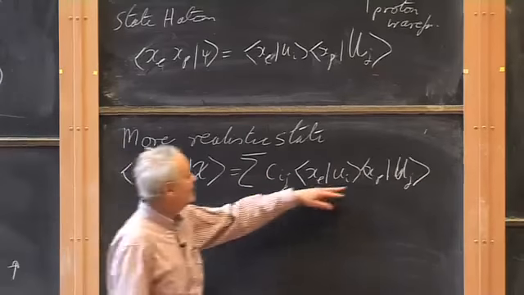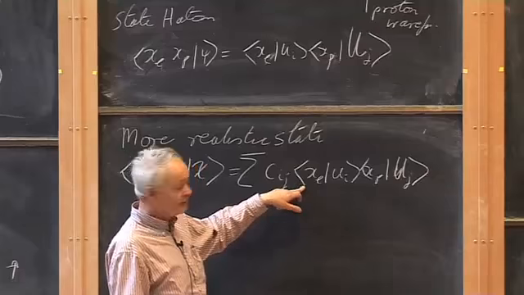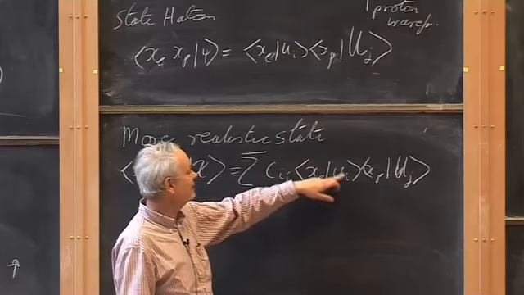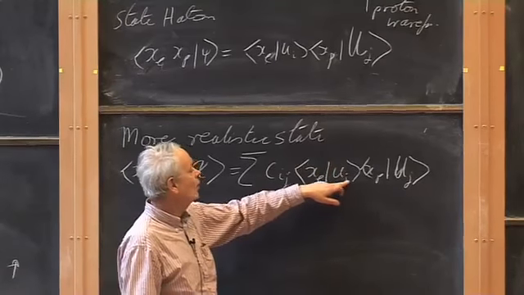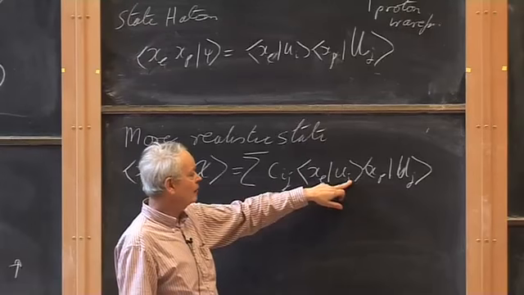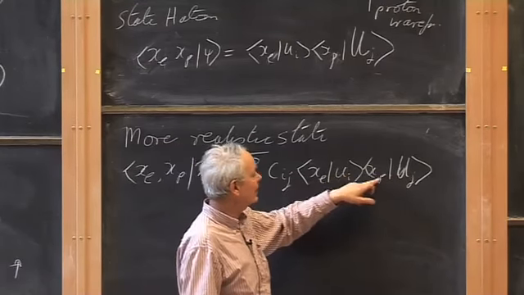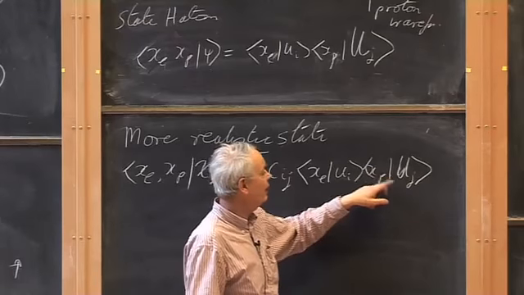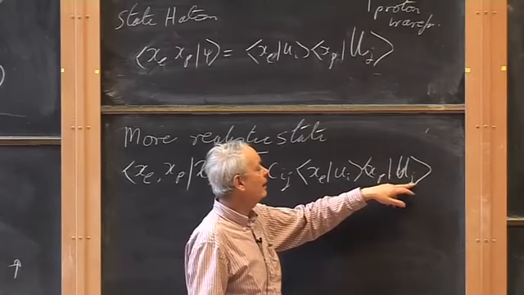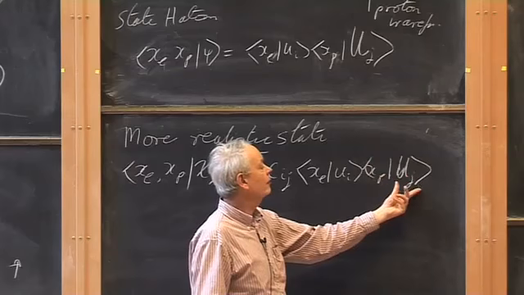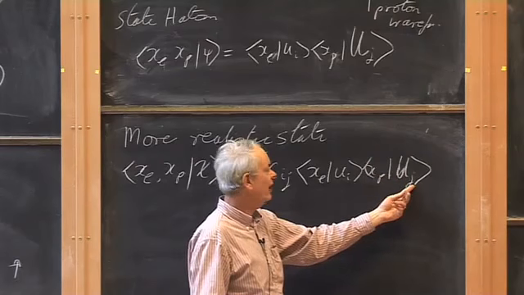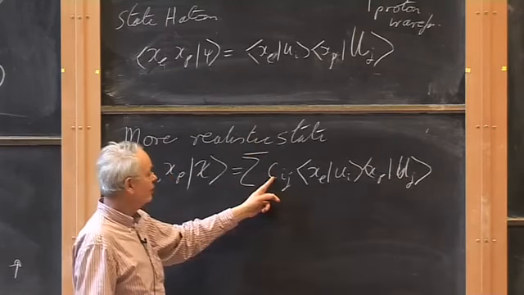But what are these? This is a boring function of x with a label i. There's a set of functions of xe, which have labels i and return complex values. And then this complex number is multiplied by this complex number, which is a function of xp, a member of a family of functions with labels j.